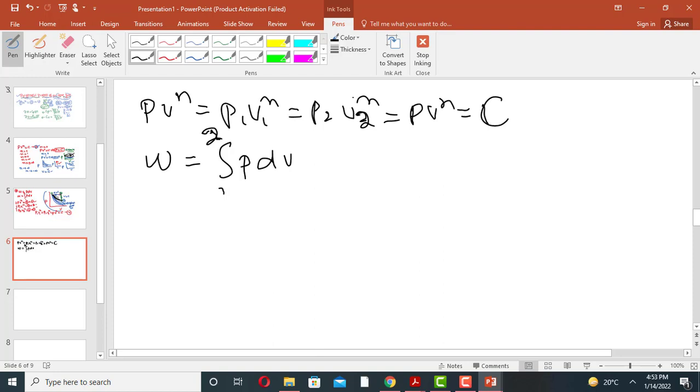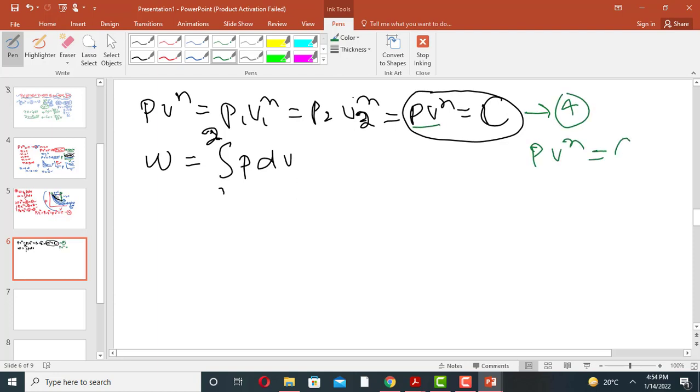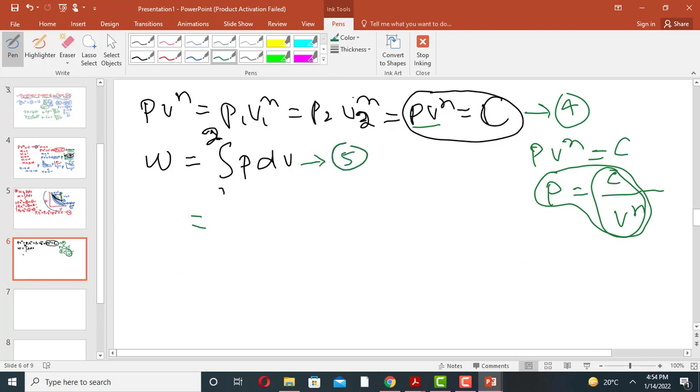Now we know from equation 4 that PV^n is constant, and P can be equal to C divided by V^n. So in place of P, we can write C divided by V^n in this equation number 5. So from point 1 to point 2, the integral of C divided by V^n into dV. This equation number 6 shows us the work done during the polytropic process.